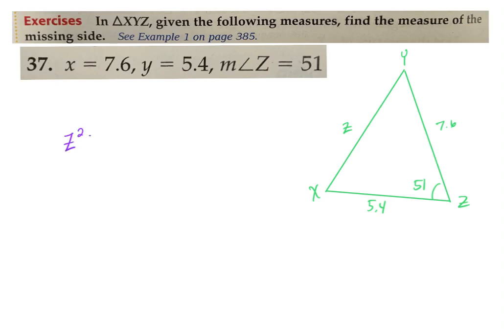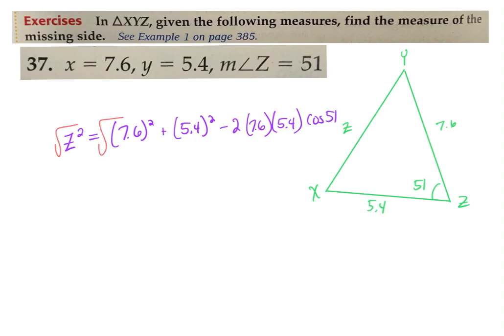So I'm going to say Z squared is going to equal X squared plus Y squared minus 2 times X times Y times the cosine of Z. In your calculators, make sure you just do a square root there before that. But when you do that, rounded to the nearest tenth is 5.9.